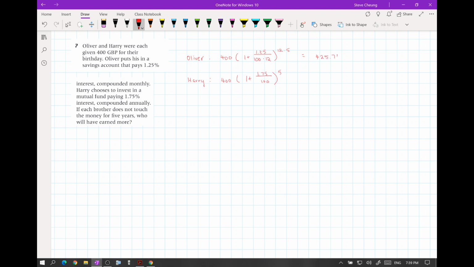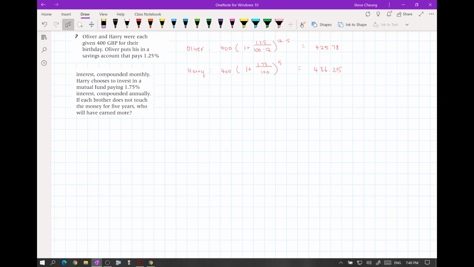So here's all the first amount. I will drop the units for now and just write it down at the final step. So Harry still turns out to be the winner. So Harry earns more.